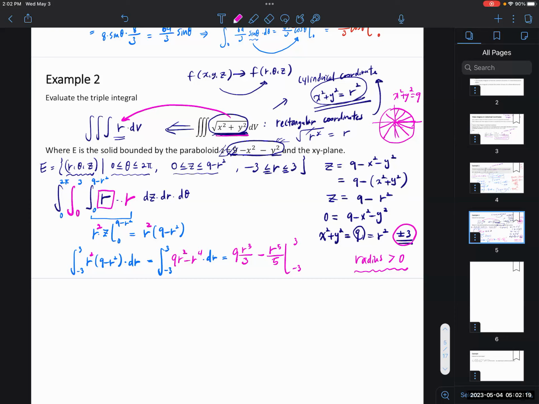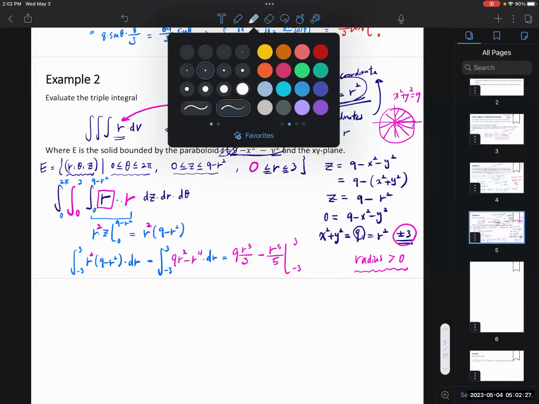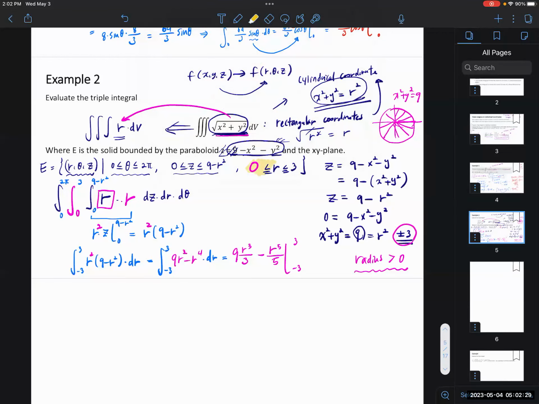Here, it's from 0 to 3, not -3 to 3. So I'm going to highlight all my mistakes. This is something we need to be careful about. Radius should be a positive number. That's what we forgot, right? And then what else? The extra r, that one. So that's something we need to modify.